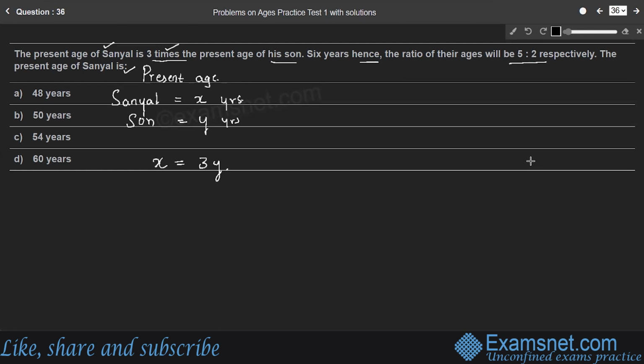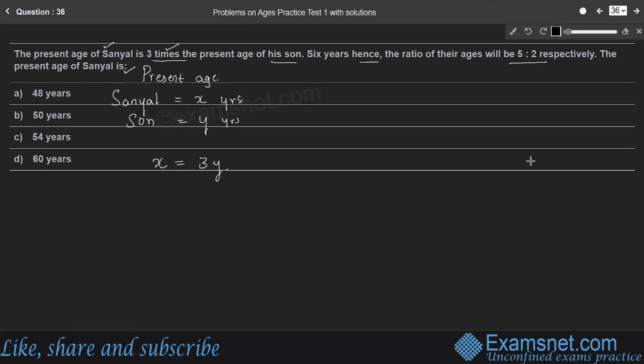In that way also you can consider. So instead of taking x and y, if you take 3x and x years, in this way also you can consider. So we'll consider the first method, their ages as x and y, and the relation between x and y is x is equal to 3y.